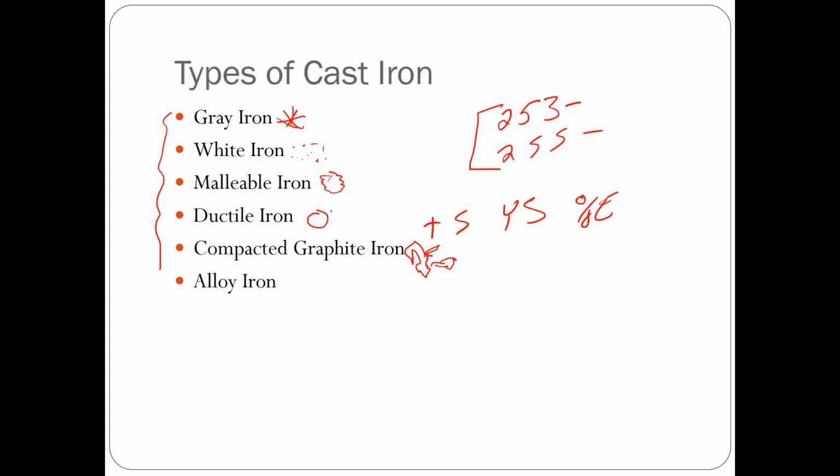So where is the carbon and what does it look like? That's the difference between our cast irons. Most of our cast irons can be perlite, they can be ferrite, or we can austenitize, quench and temper them and turn them into martensite. So most of our cast irons are that way.